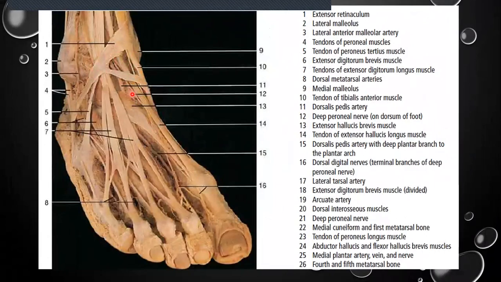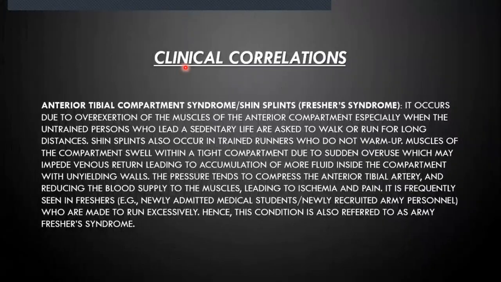Then here you can see your deep peroneal nerve. Then these are the tendons of extensor digitorum. Then this is the tendon of peroneus tertius muscle. Okay, now this is your extensor retinaculum. This should be the inferior because you can see it has a lower band and an upper band and a stem, the inferior one.